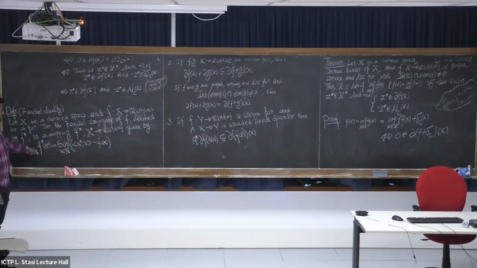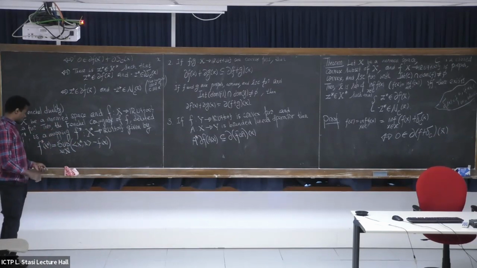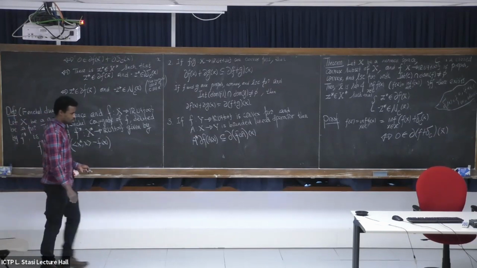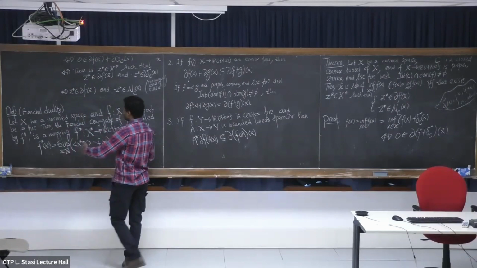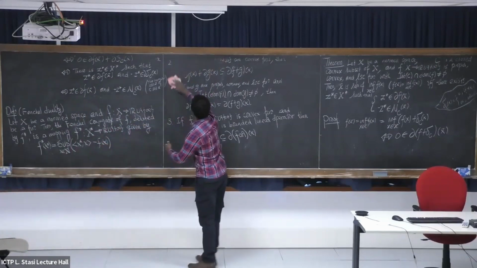This is the Fenchel conjugate of the function, the Legendre-Fenchel conjugate of the function. This has a very important role in discussing primal-dual: the primal problem and a view of it as its dual problem.